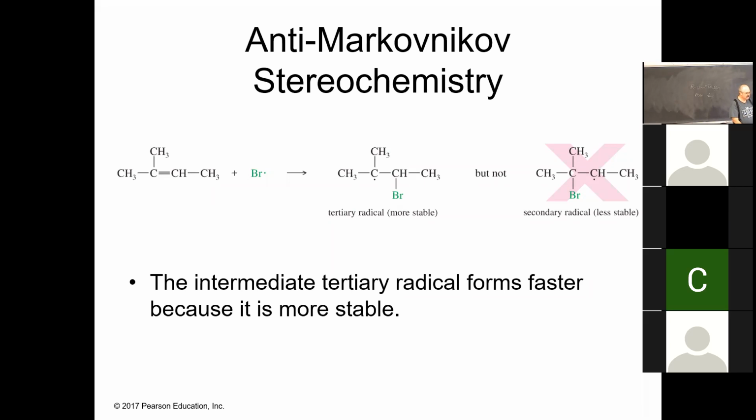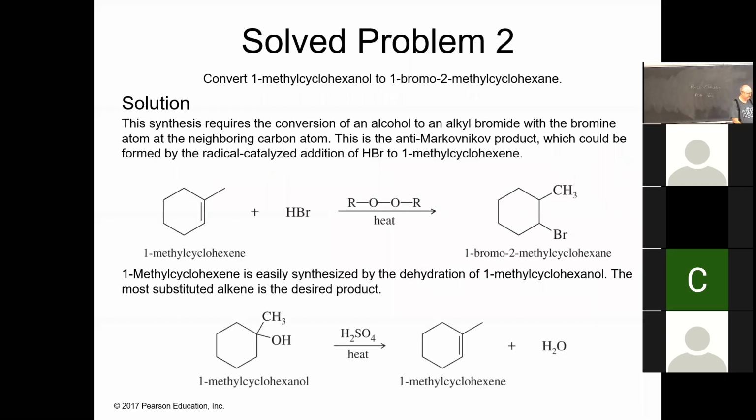And not only is the tertiary radical more stable, but it's also formed faster. So without the peroxides, bromine would go here to carbon number 1. But with the peroxides, bromine goes down here.